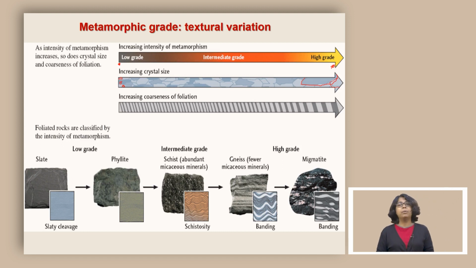This can happen by two processes. One is the formation of newer crystals which are larger. The second is the gluing together of existing crystals, making the size larger and larger.